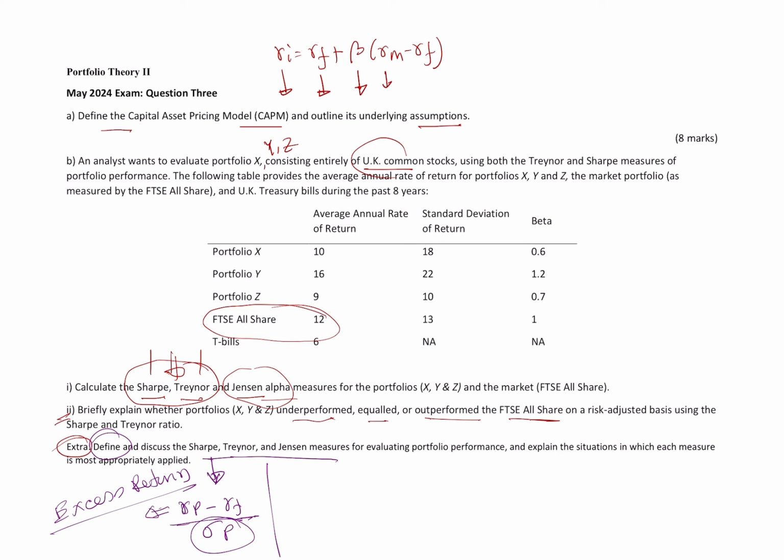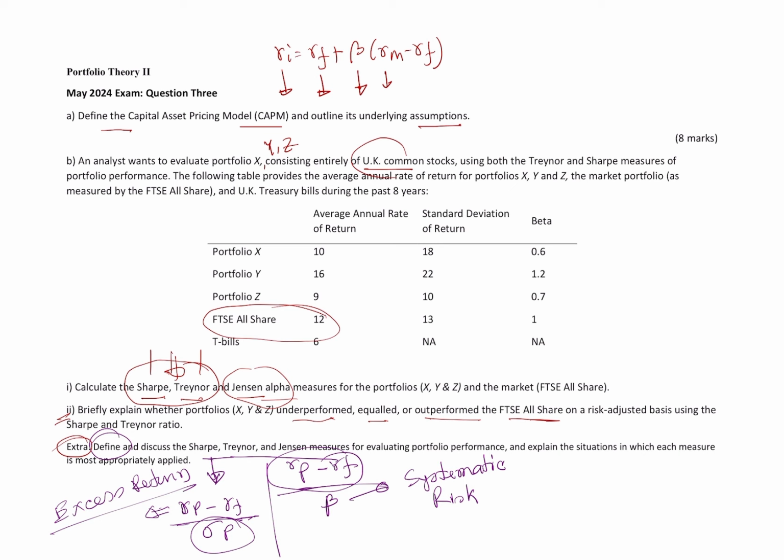Now, the Treynor ratio is RP minus RF divided by the beta. Beta measures the systematic risk, right? Because it looks at our excess return per amount of systematic risk we are taking.